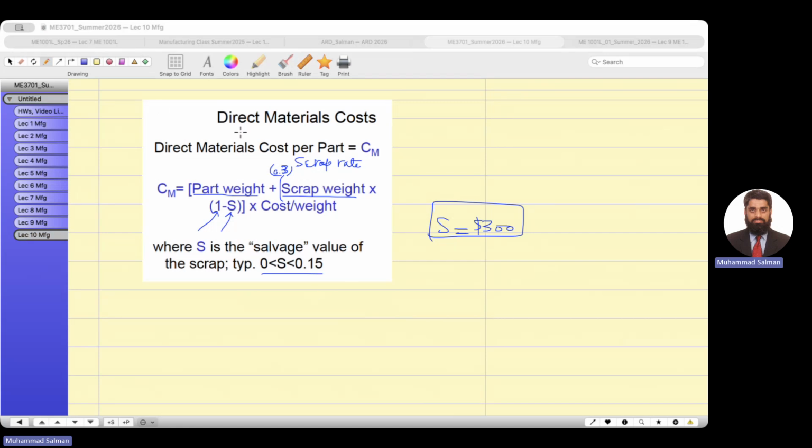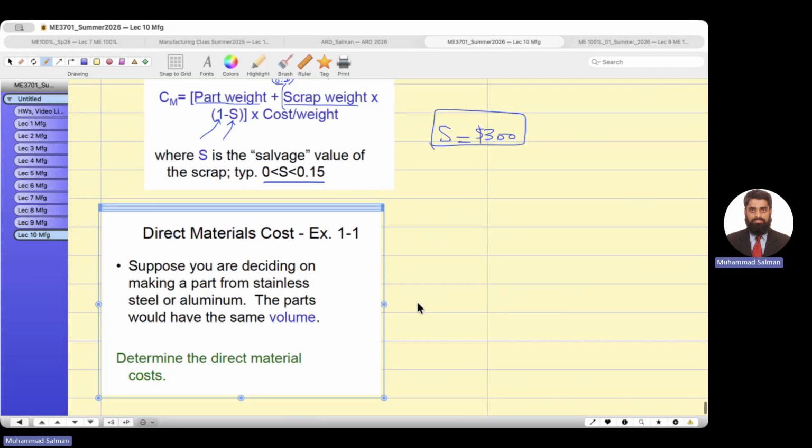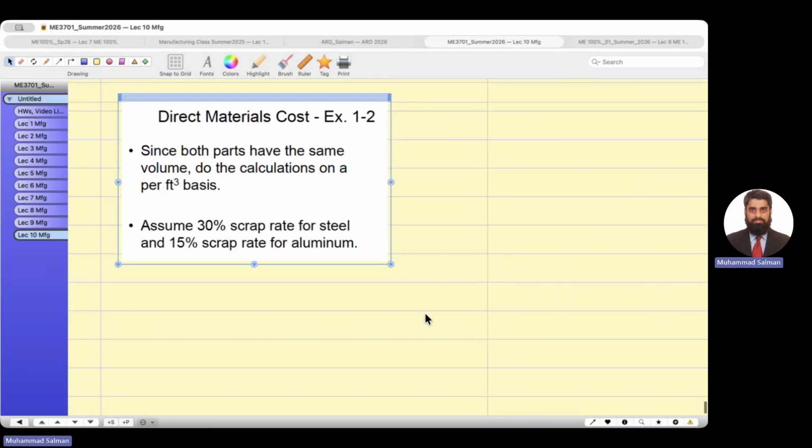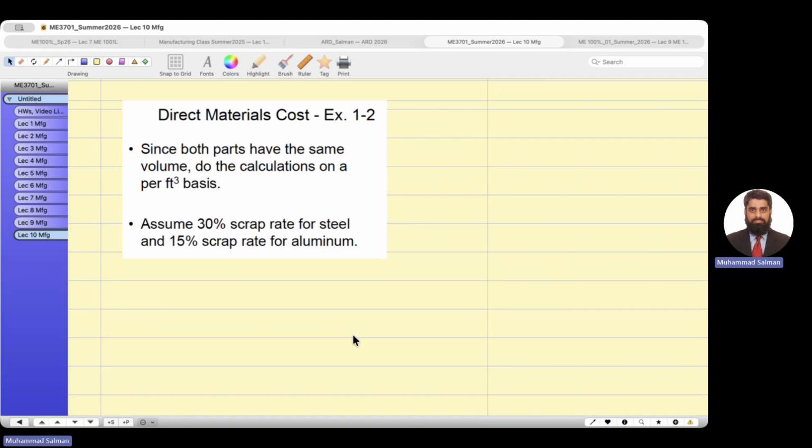So let me show you over here. Before you are deciding to make the part of stainless steel or aluminum, the parts would have the same volume; determine the direct material cost. So let's see how we will solve this problem. Since both parts have the same volume, we will do the calculation on a per volume basis.